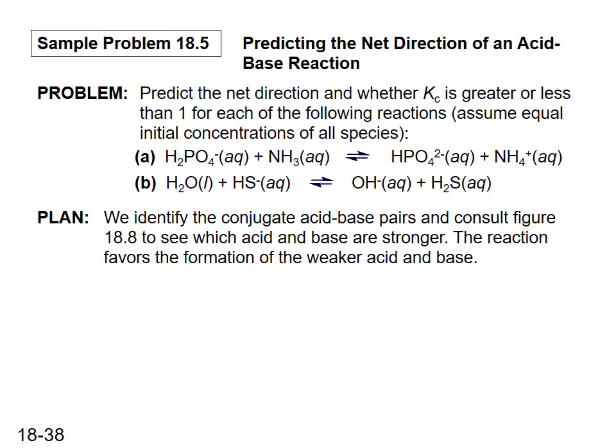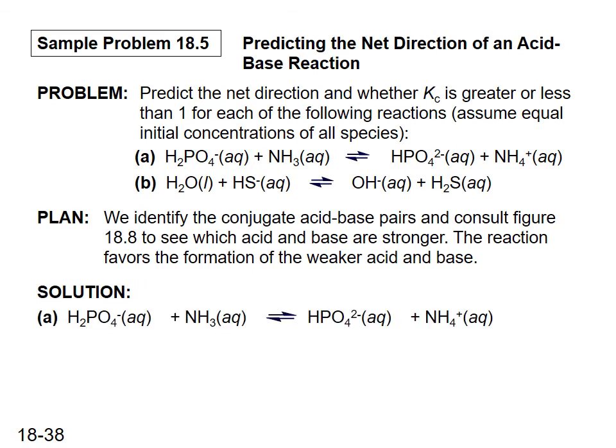So in A, H2PO4- donates the proton to ammonia to give HPO4 2-. Because this has 2 hydrogens and this has 1 hydrogen, this must donate a proton, so this is an acid.